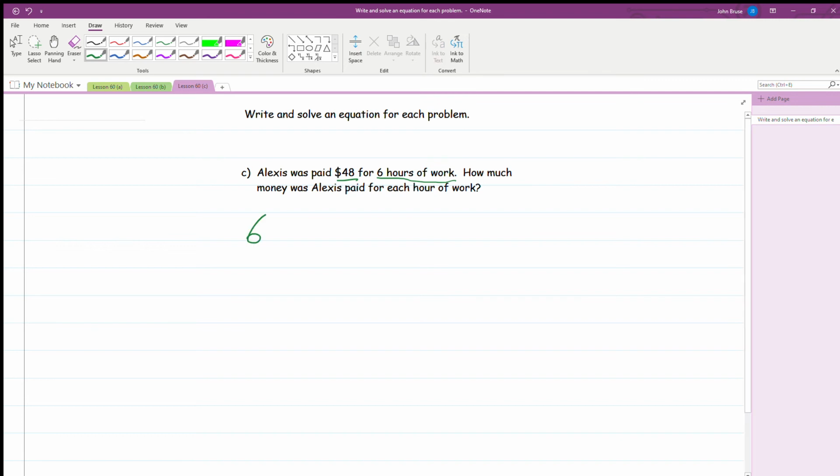So we got 6 hours times in dollars each hour equals $48. I'm just writing that out a little bit for you so you can understand what's going on. So another way of writing that would be to write an equation. So we've got 6 times n equals 48.